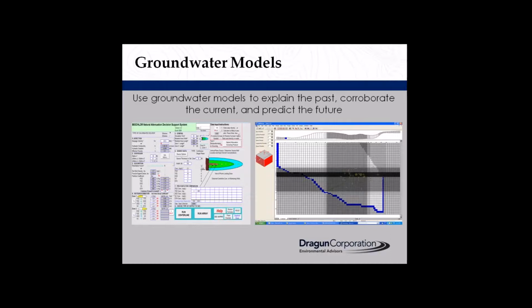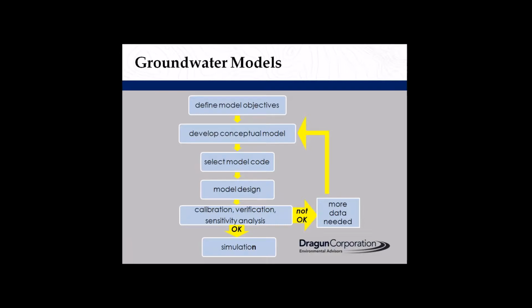There's also air models that we use to model releases from discharges, say, out of a smokestack or something like that. Any of these types of models could be either analytical or numerical. So rather than talking about the whole gamut, we're going to focus on the groundwater flow and transport models, because those are the ones that we probably use most often in our daily work.